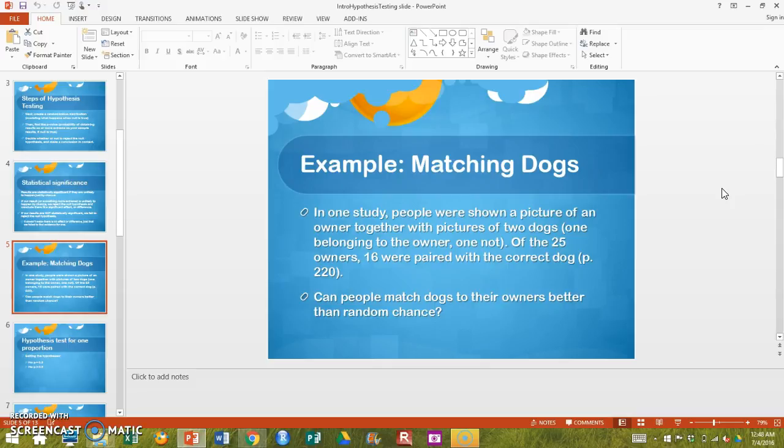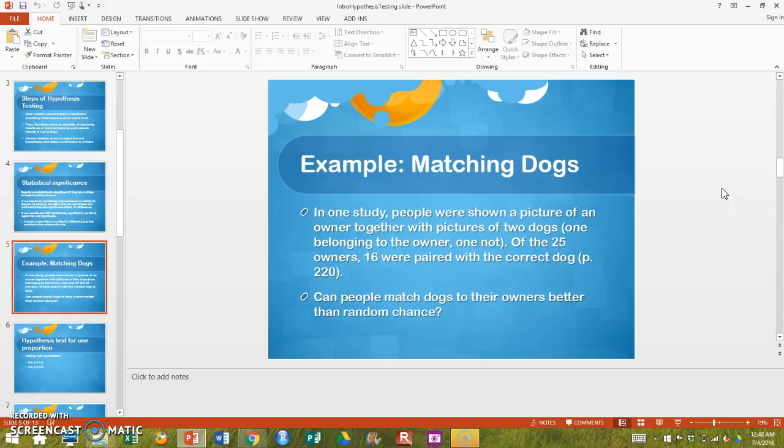That's it, it's 50%. Therefore, the proportion correct that we are expecting just by random chance is 50%, because we have 2 dogs, and it's a guess of 1 out of 2. So the random chance result that we would expect is 50%.